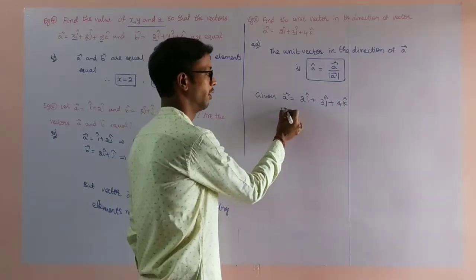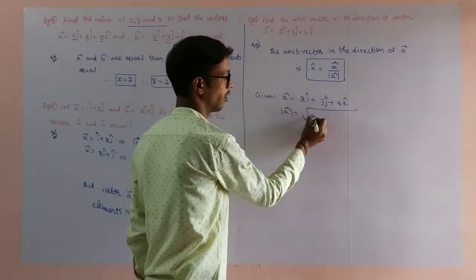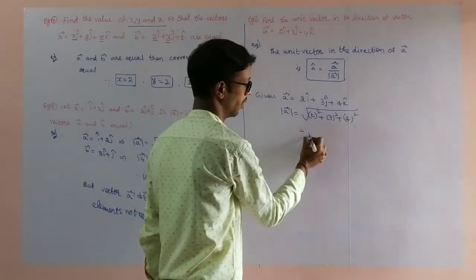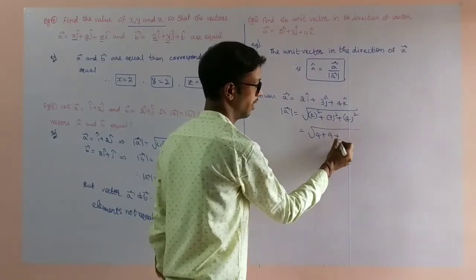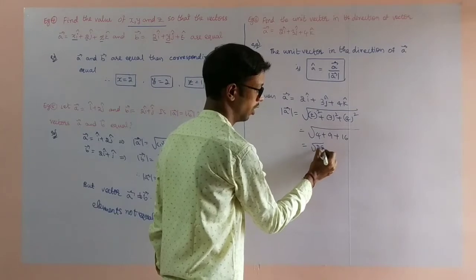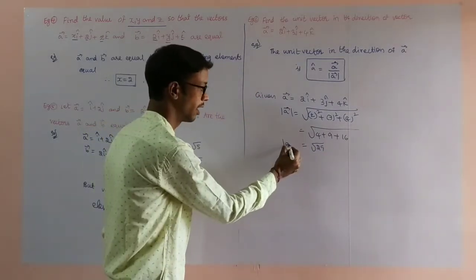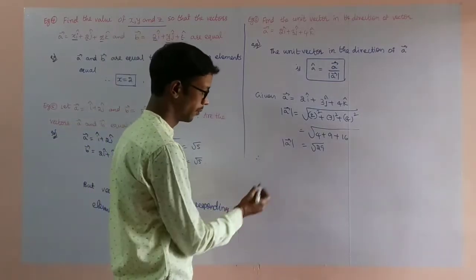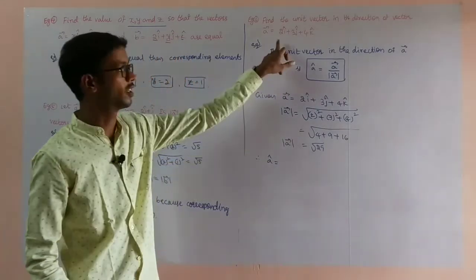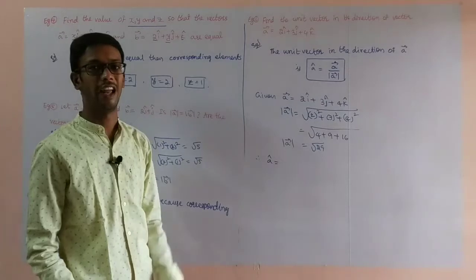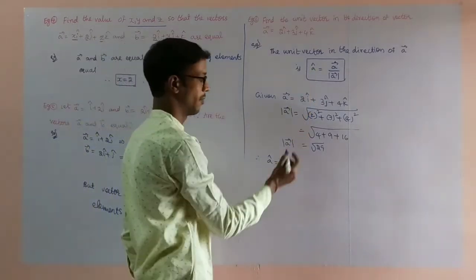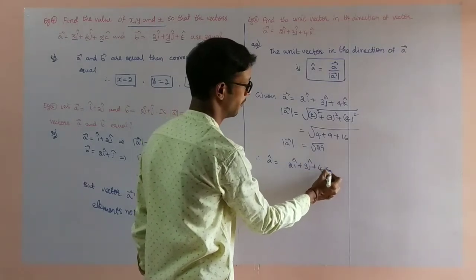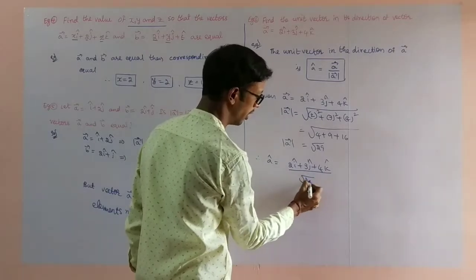We have to find the magnitude first. Magnitude of a bar is equal to square root of 2 square plus 3 square plus 4 square, which is 4 plus 9 plus 16, that is root 29. Therefore, the unit vector in the direction of a bar, a cap, by the formula is 2i cap plus 3j cap plus 4k cap divided by root 29.